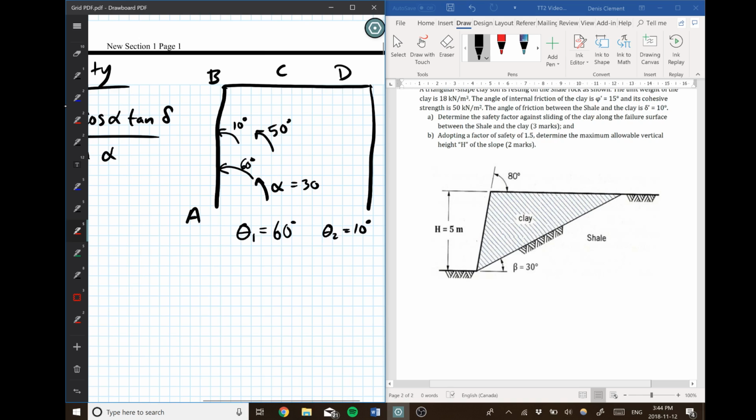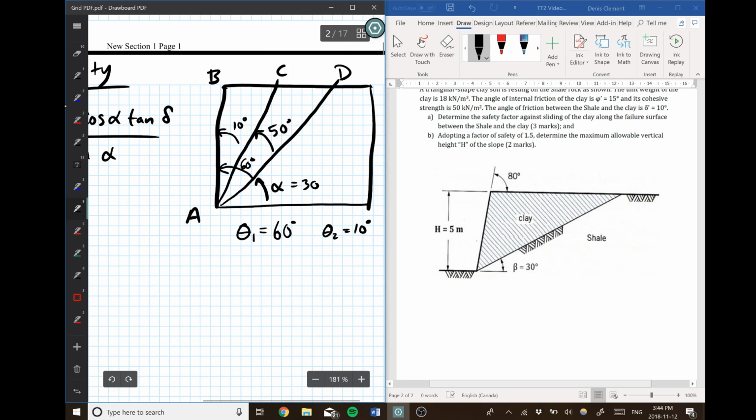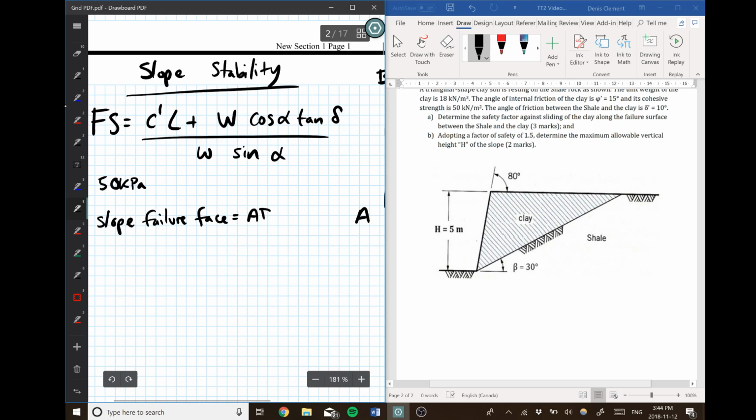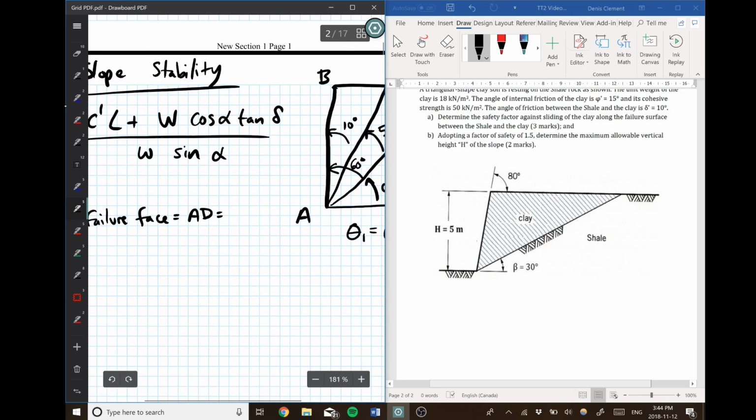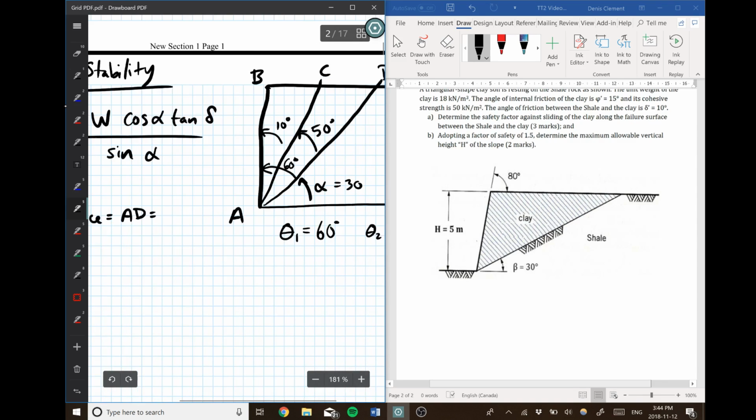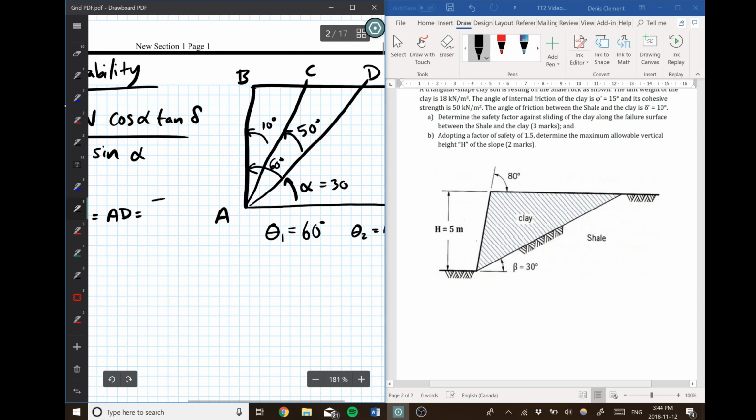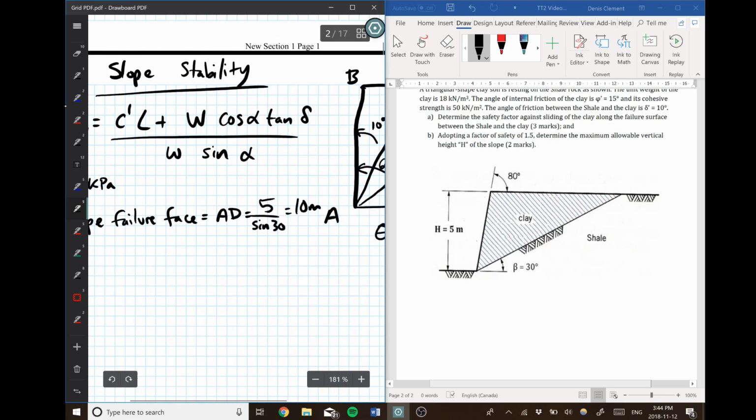Okay, I'll just draw it again. So our length AD is equal to 5 over sine 30, which gives us 10 meters. So that's our value for L.